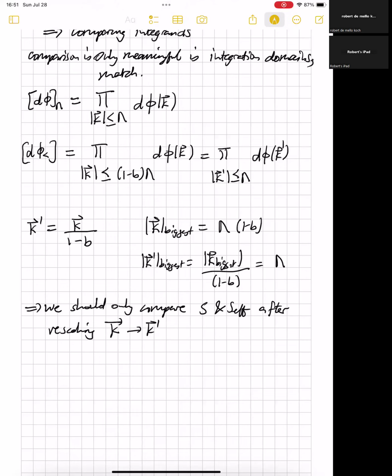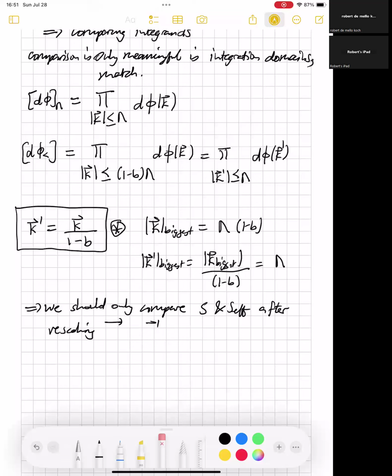Okay, that rescaling between k and k prime. So this is the rescaling that we have to do. Maybe it's much better to state it just in terms of the rescaling equation. Good.